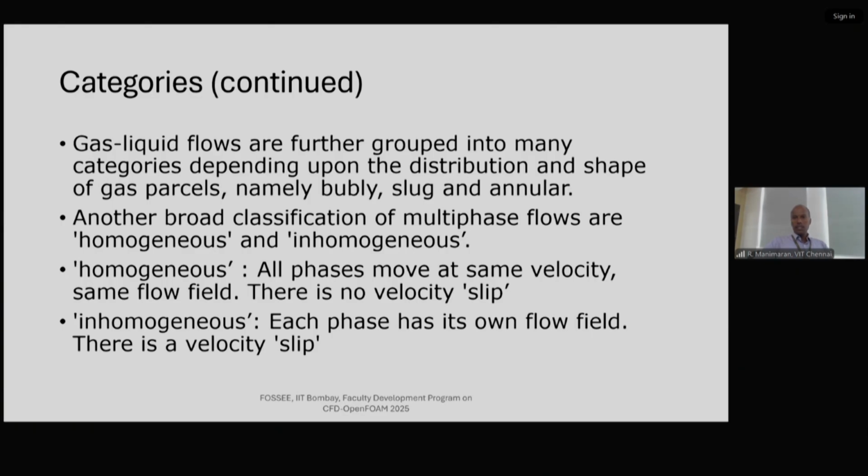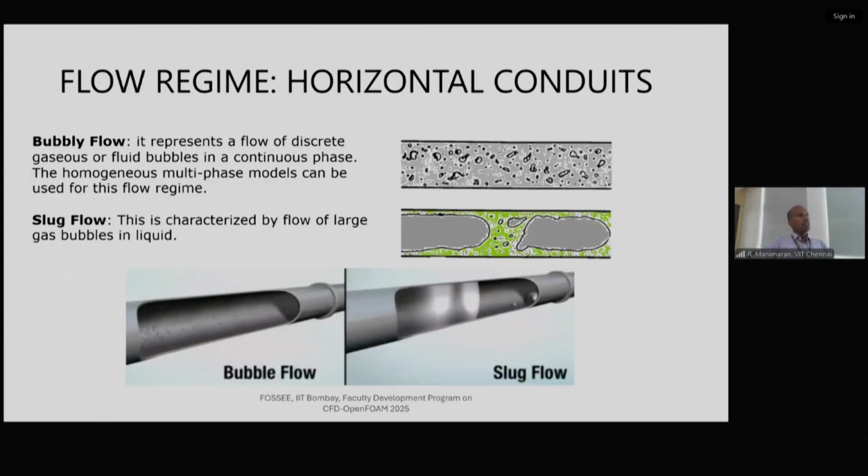So next we will see the flow regimes in horizontal conduits like pipes, investigating bubbly flow and slug flow. In this slide you can clearly see the animation showing the bubbly flow and the slug flow. Bubbly flow represents the flow of discrete gaseous or fluid bubbles in a continuous phase.